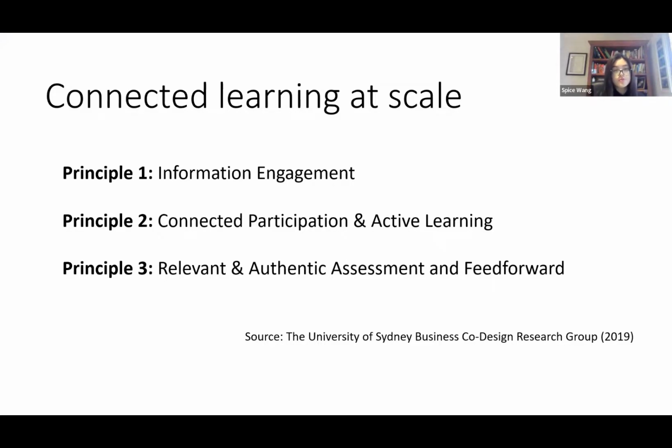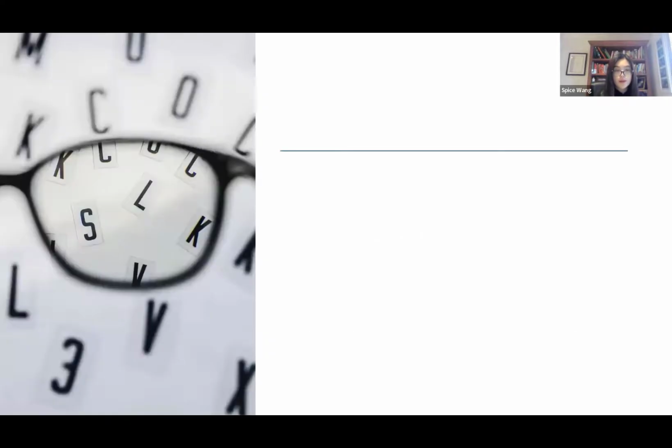Principle 1 is information engagement, principle 2 is connected participation and active learning, and principle 3 is relevant, authentic assessment and feed forward. I will show some examples in our learning management system, Canvas, of how these three principles are applied in our course. I'm sure you will find that very familiar with what you do as well.